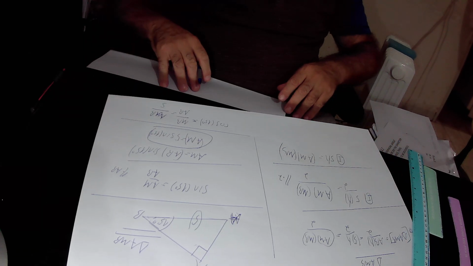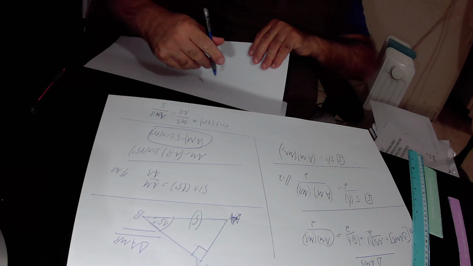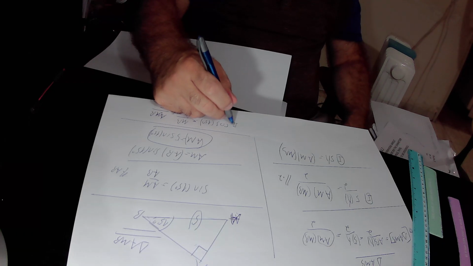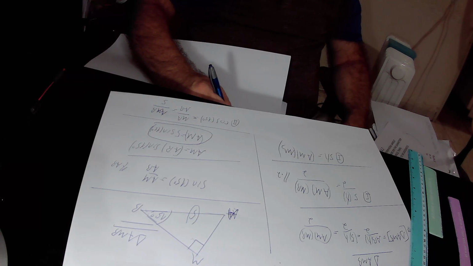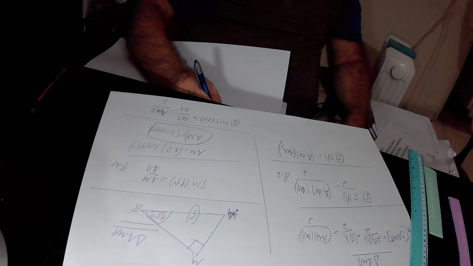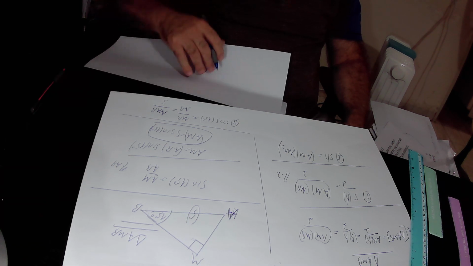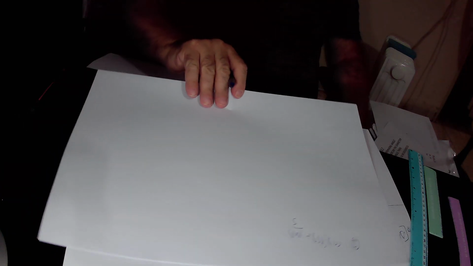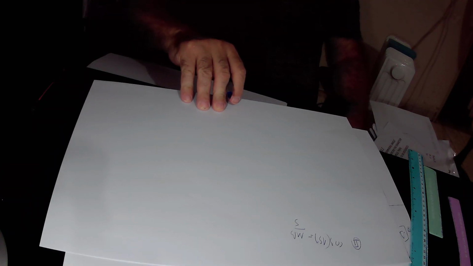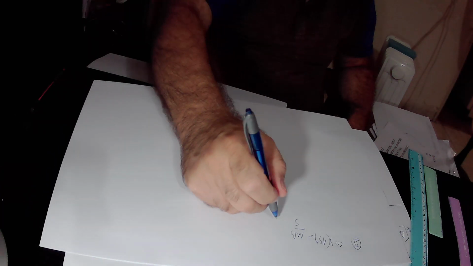So according to equation 2, cosine 15 degrees equals MB over 5.